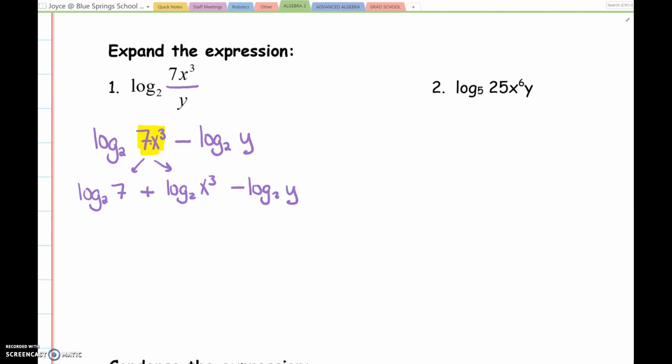Do you see anything else, particularly when you look at maybe the third property that we learned? Anything else that we could do? The exponent of 3 needs to move in front of the log. So we have log base 2 of 7 plus 3 times the log base 2 of x minus log base 2 of y.